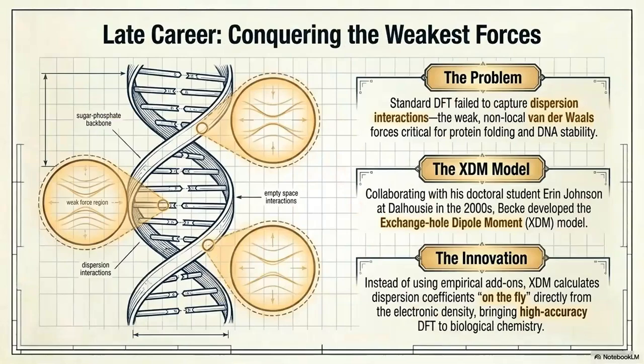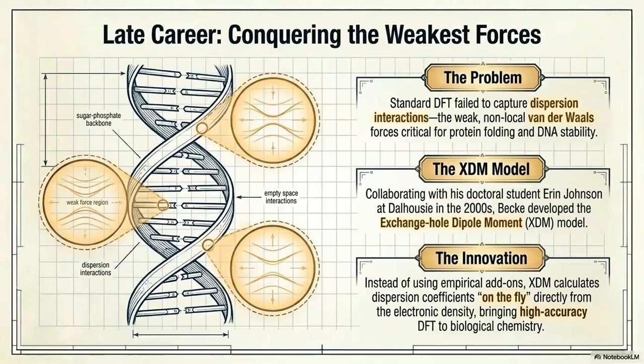In the final chapters of his storied career, Axel Becke turned his attention to the most elusive of chemical ghosts, dispersion interactions. While standard DFT could map strong bonds, it remained blind to the faint van der Waals forces that dictate the stability of DNA and the folding of proteins. Collaborating with Aaron Johnson at Dalhousie, Becke engineered the exchange hole dipole moment (XDM) model.